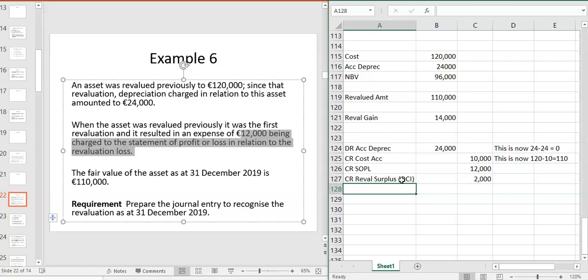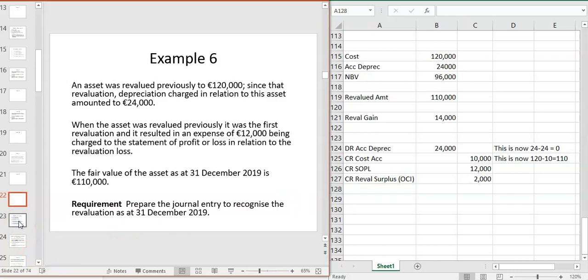Where you're looking at is similar logic here. When you're reversing a loss, or reversing a gain, you can reverse it up to a limit. Anything else, then it goes to either the P&L if it's a loss or the OCI if it's a gain. So it's a bit more complicated when you get to those subsequent scenarios, up and down or down and up. And there'll be other examples of those in the question pack for IAS 16 that you should practice as well.